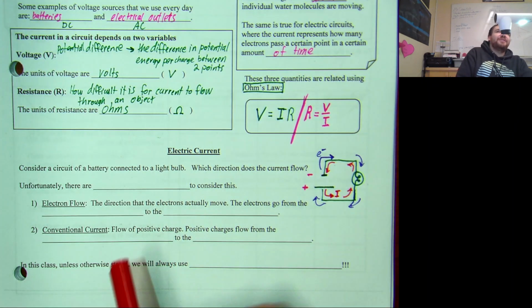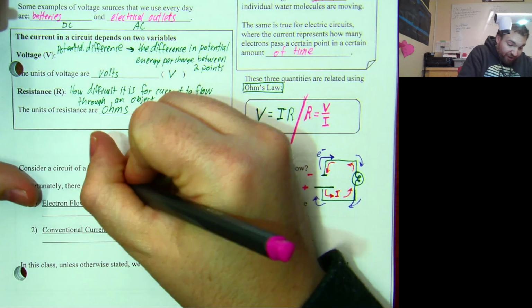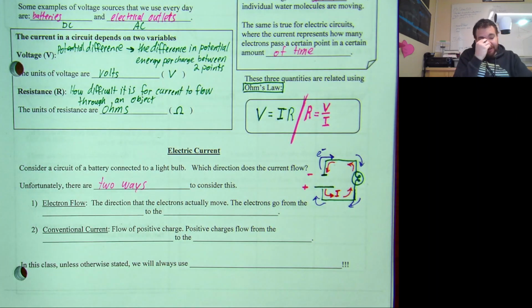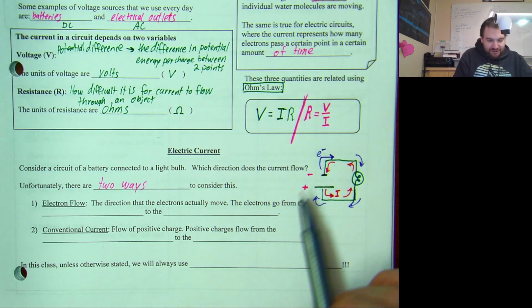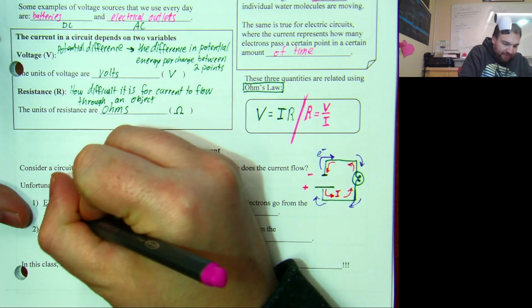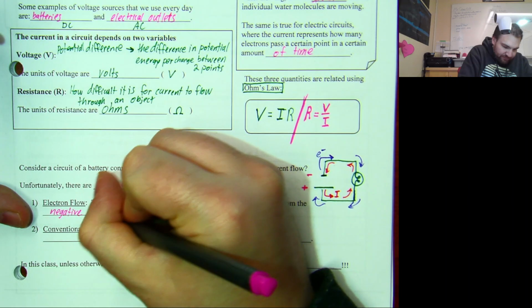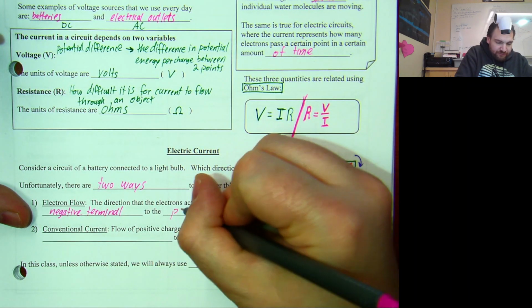So let's now put this into words, into language. There are two ways to consider this. One is by considering electron flow, the direction that the electrons actually move, and the electrons go from the negative terminal on the battery to the positive terminal.